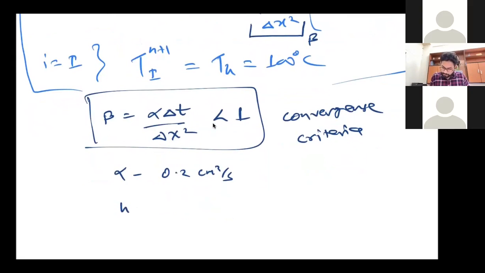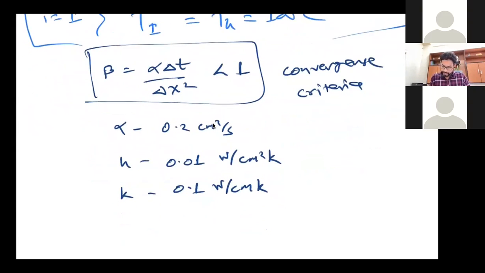And then we also need to define h and k. So again, for making it more realistic, we can consider h as 0.01 watt per centimeter square Kelvin and K as 0.1 watt per centimeter Kelvin. Okay, we will use these values, and based on this, if you want to satisfy beta, we can define some delta t and delta x.